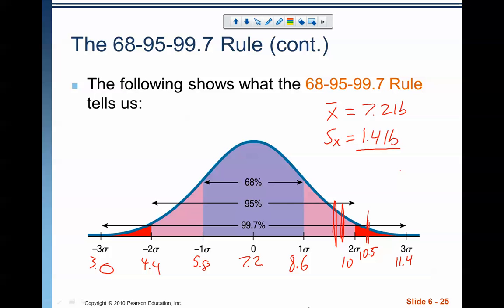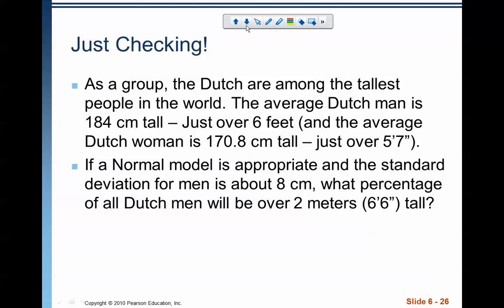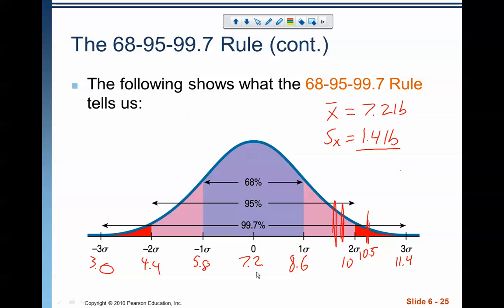I can say that the top 2.5% of babies are above 10 pounds, because you can also break this down in between. We know that from here to here is 68%. But if this in here is 68%, then that means that this area out here, well, let's do some math.